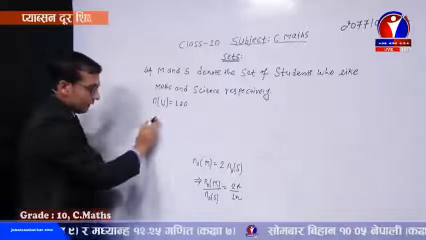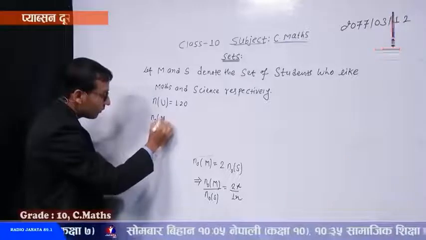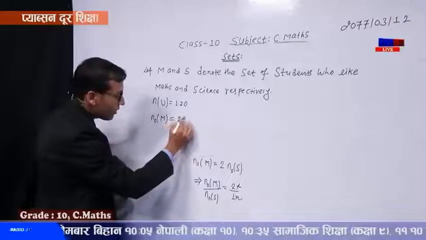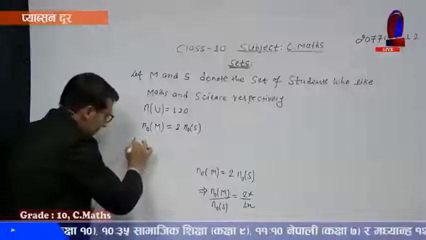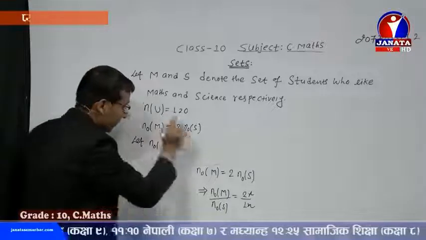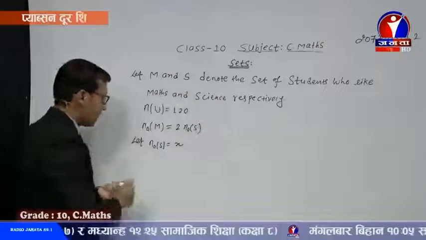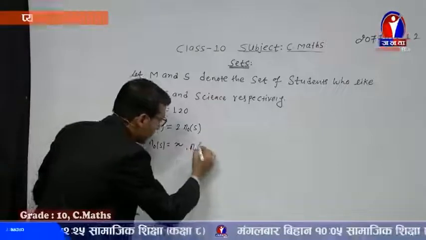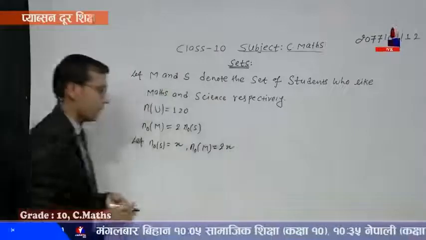Here n only M is 2 times n only S. So if n only S is x, then n only M is 2 times x.